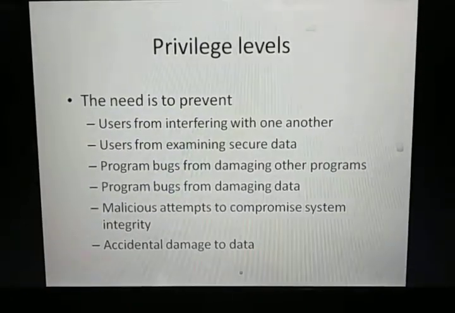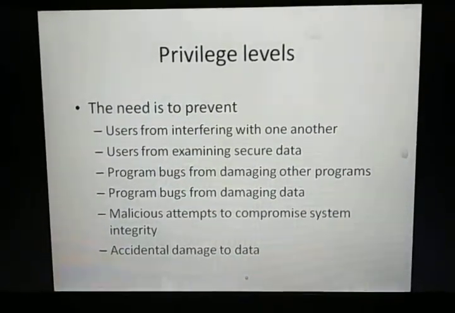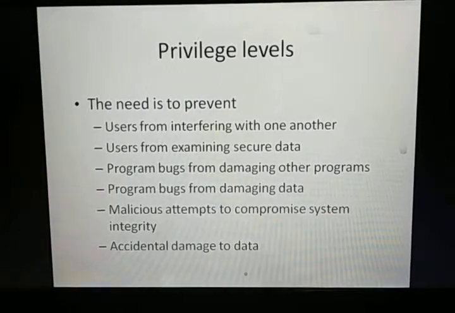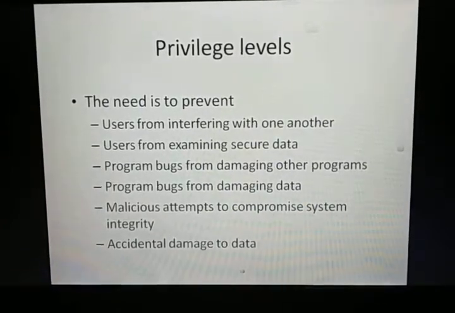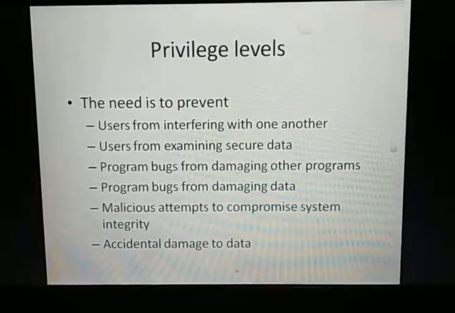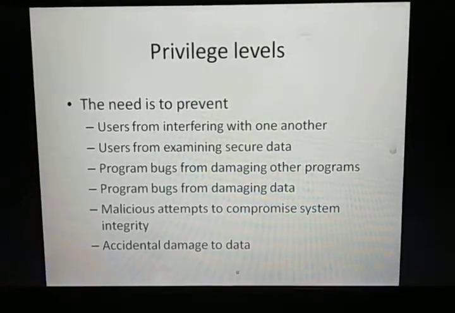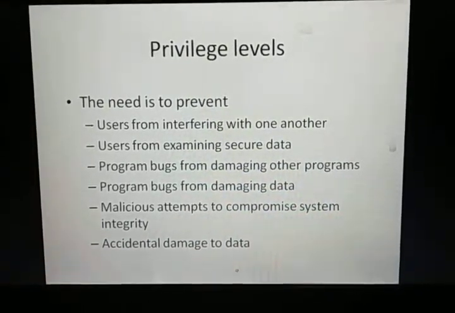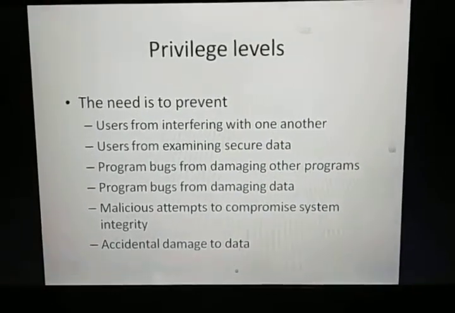So we provide protection for this also. If you download something from the net, your system processes and system data cannot be damaged. That's why we provide privilege labels for the data.